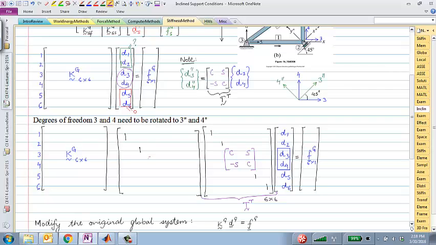So that would be C, minus S, S, and C. And the other entries are 1 and 1. And that matrix is the transformation matrix.